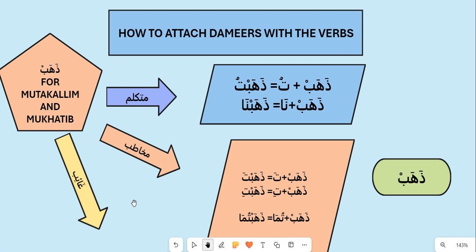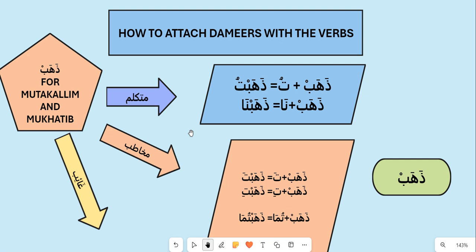That is the pattern that I follow every time. It is easier to memorize that way: mutakallim, then mukhatib and then ghaib. So always remember, whenever you attach the pronouns in the past tense, the basic structure that you follow.